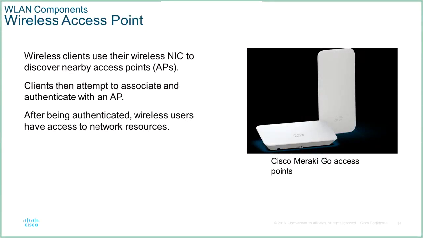So the access points, generally speaking, will be connected to a wired network. Now you can extend the range of your access points by putting in another access point within the frequency range, and this is called bridging, but it's not the best solution.